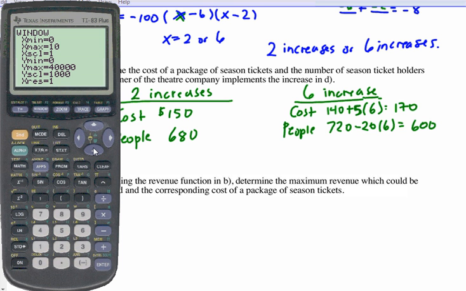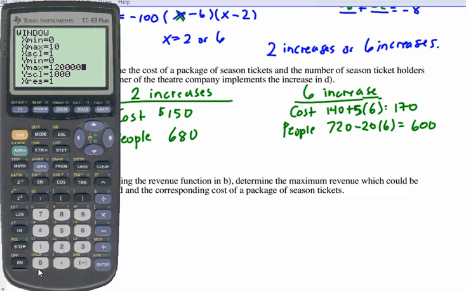Yeah, 102,000, right? So we need to go to 110,000 at least, maybe even a little higher. Let's go 120. Be bold. Scale of 1,000. So we should be able to see our graph very nicely here.